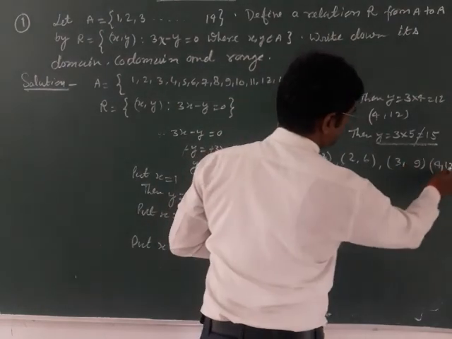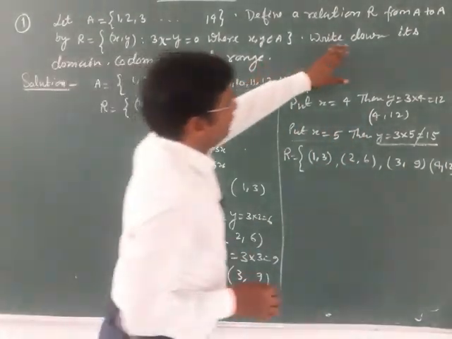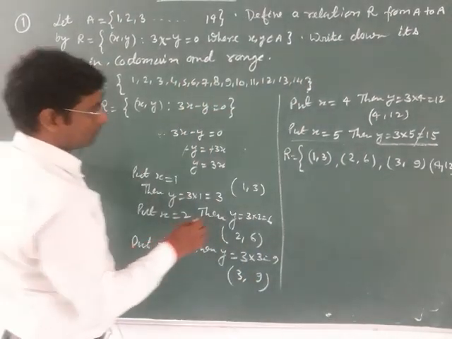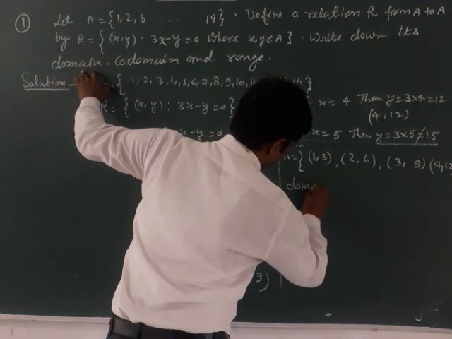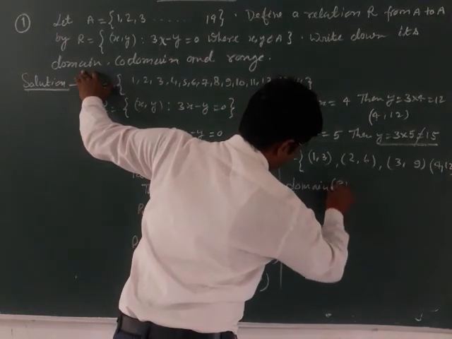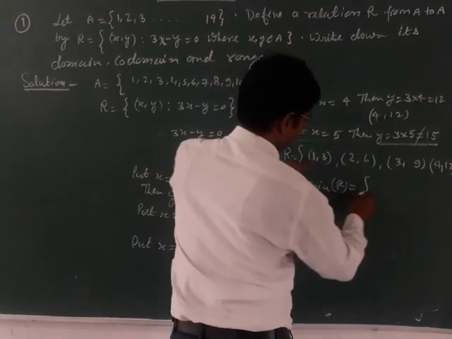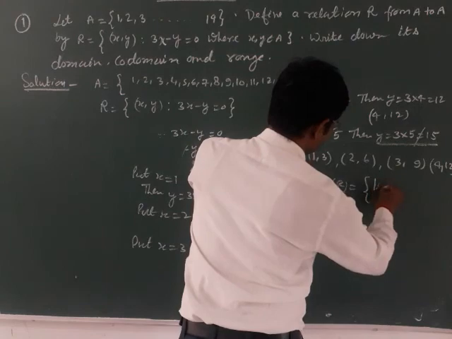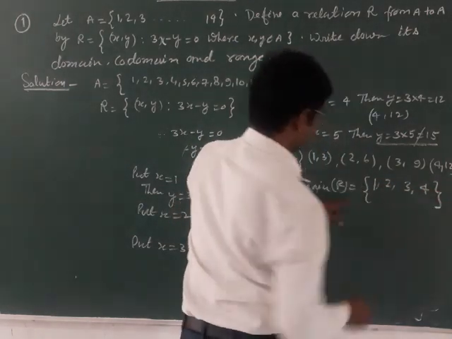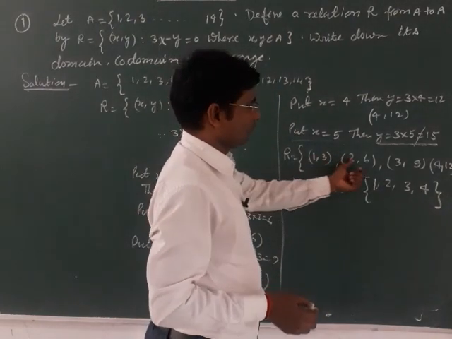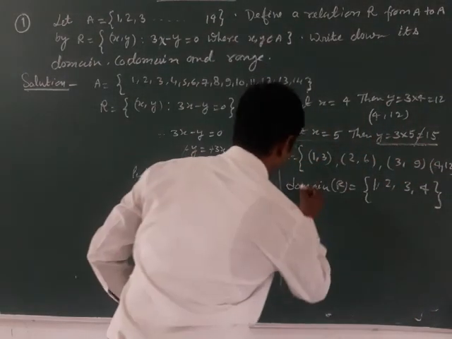So this is the set R. Write down its domain. Domain of R is equal to the first components of the ordered pairs: 1, 2, 3, 4. This is the domain.